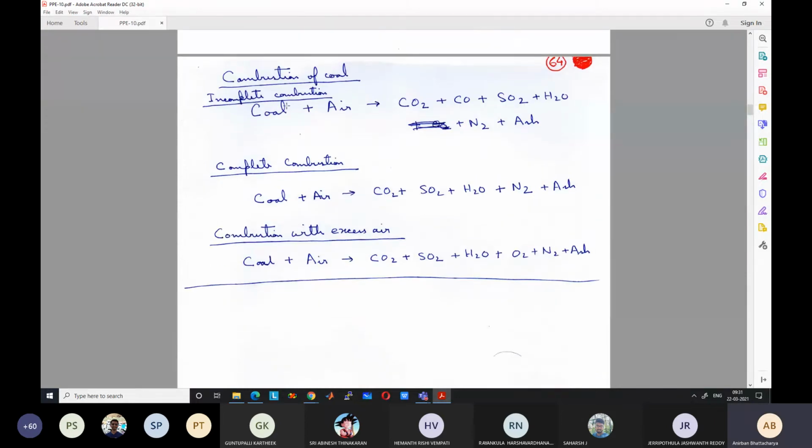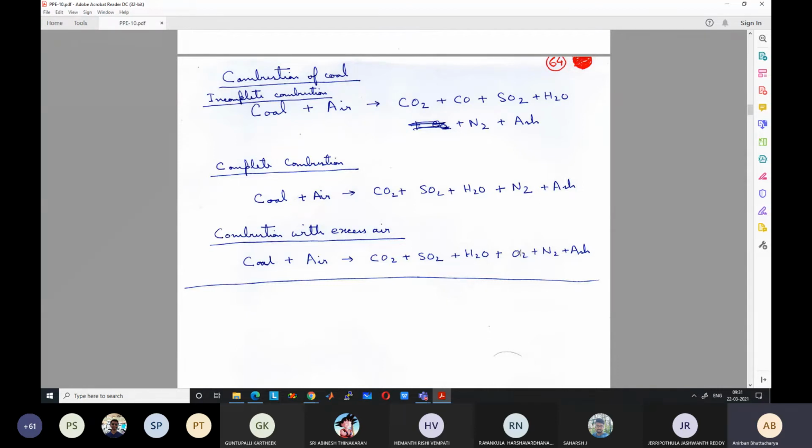If there is complete combustion, instead of carbon monoxide, the entire carbon gets converted to carbon dioxide. So we have carbon dioxide, sulfur dioxide, water vapor, nitrogen, and ash. For complete combustion with excess air, when more oxygen is present than required, we have carbon dioxide, sulfur dioxide, water vapor, plus oxygen, because the entire amount of oxygen is not used up during reaction.